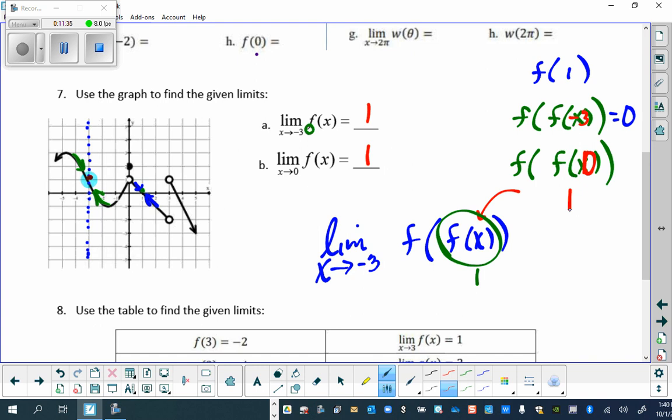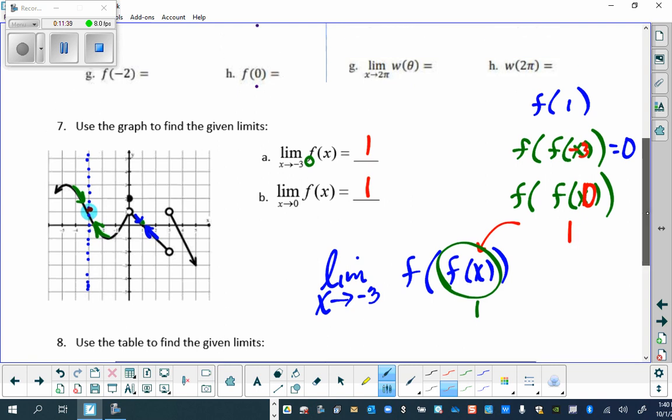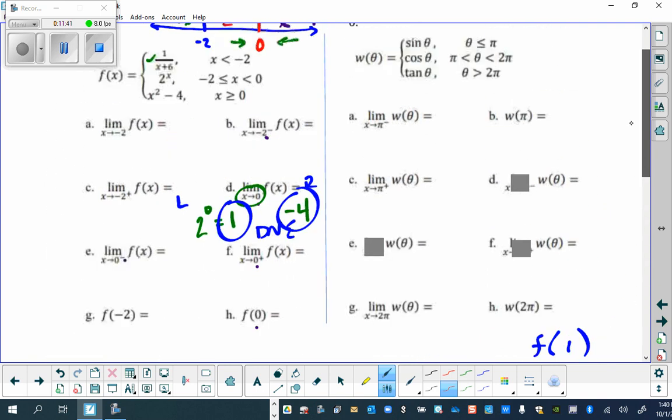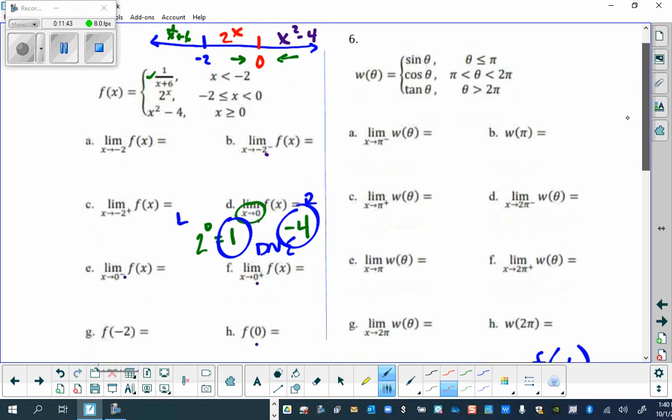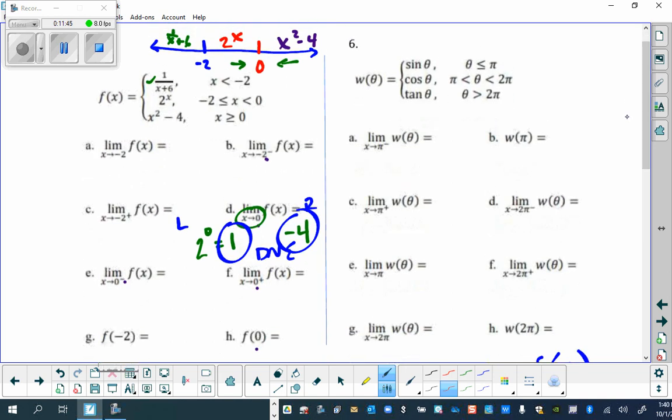All right, Catherine. On number 6, can you do letters B and H? B. Number 6. Okay. So my conversation here is between pi and 2 pi, right? So if I look at my number line for my input values, I have pi and I have 2 pi.